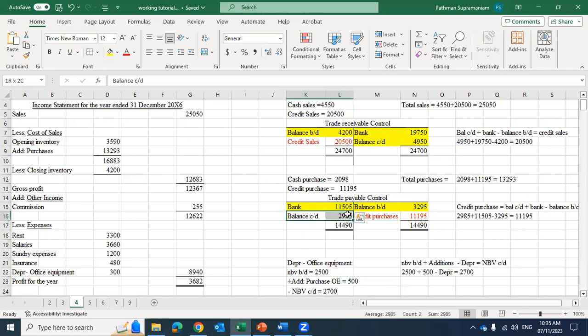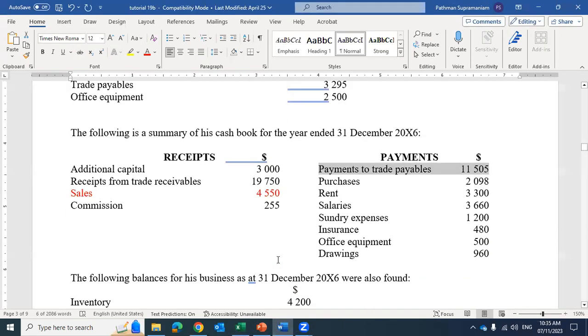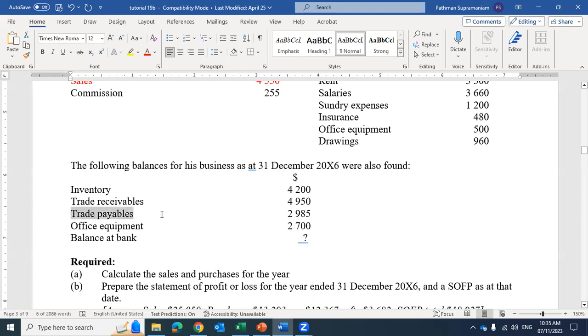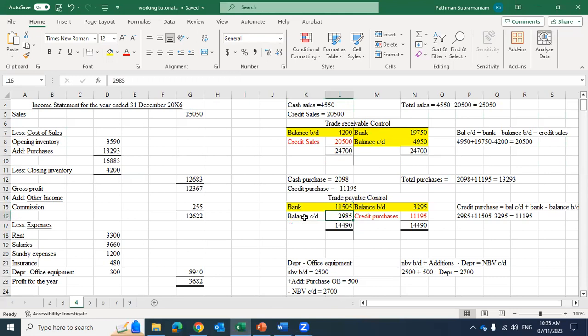Next we put the ending balance, which is coming from down here. Putting these three figures, we balance up the account and we get this credit purchase figure, 11,195. Therefore, the total purchase is the cash purchase plus the credit purchase, 13,293.